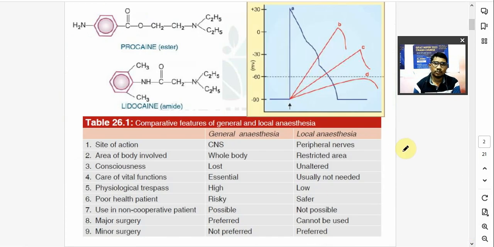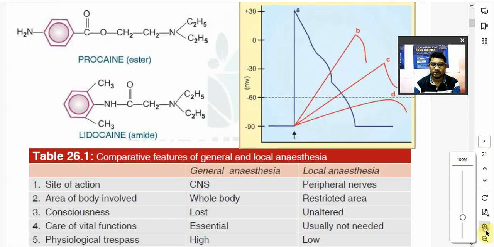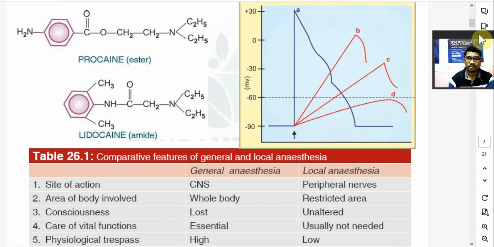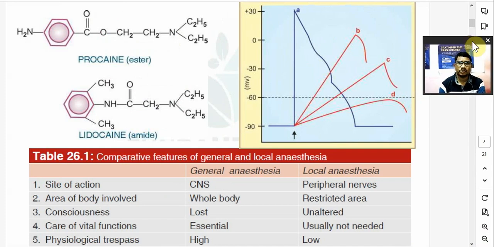We'll see. So first of all, what do you mean by local anesthetics? Again, we have seen general anesthesia. Local anesthetics are the drugs which, when applied on a particular local surface area, produce a blockage of generation and propagation of nerve impulse. As we have seen, general anesthetics are the drugs which stop all pain sensation with reversible loss of consciousness.